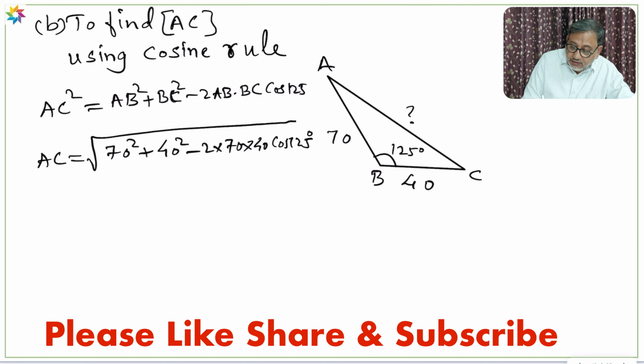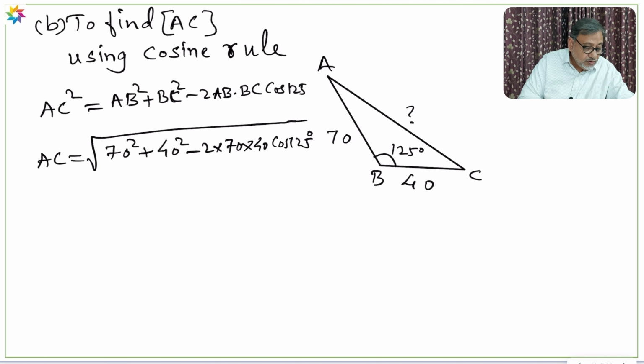I will need the calculator in degree mode now. Shift menu, and here is angle. So I want in degree mode. Okay, square root of 70 square plus 40 square minus 2 times 70 into 40 into cos of 125, right?